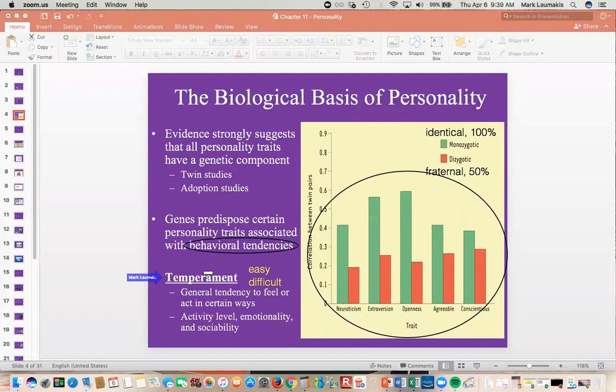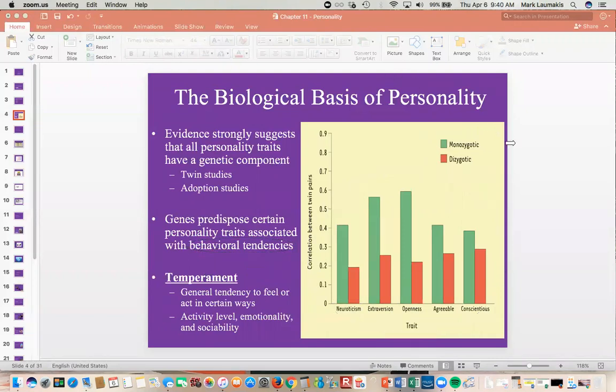So again, the idea here is temperament as an early glimpse at what these personality traits might look like later on. All right.